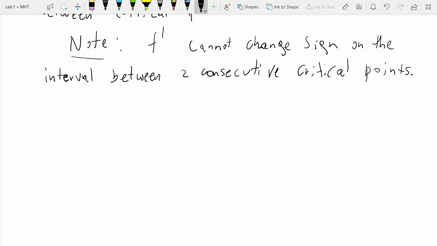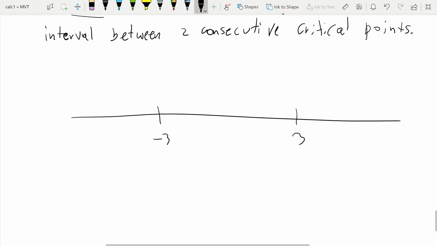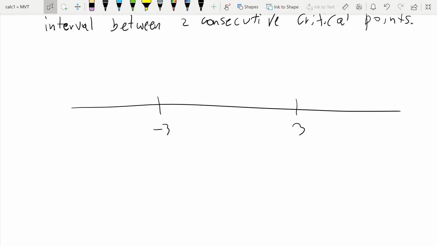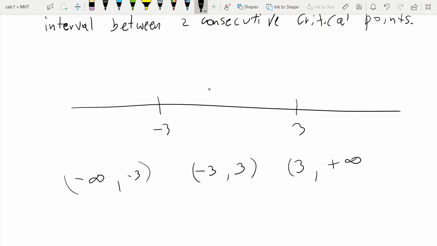We have two critical points, minus 3 and 3, and so we have 3 intervals to analyze. Minus infinity to minus 3 is the first interval. Then the second interval goes from minus 3 to 3. And lastly, the interval 3 to plus infinity.